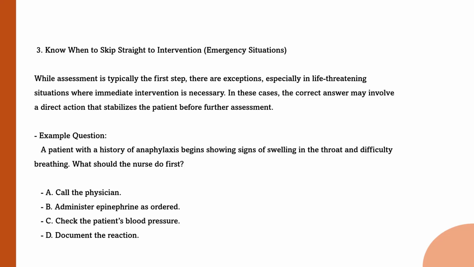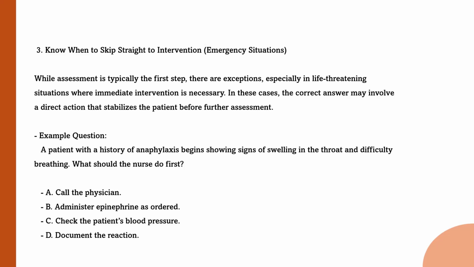A patient with a history of anaphylaxis begins showing signs of swelling in the throat and difficulty breathing. What should you do first? You can see right here, swelling, meaning the airway is gradually blocking, right? And we can't even start doing an assessment because an airway problem can kill the patient.